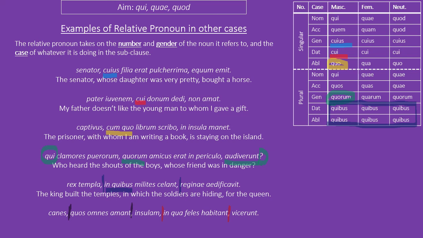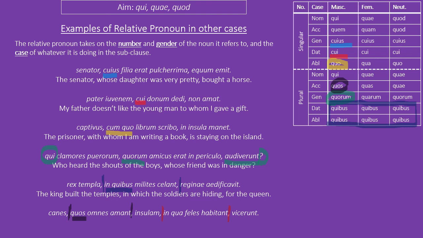After that, all we need to do is start adding in the extra information. So what kind of dogs? Well, the dogs quos. Well, quos we know must be accusative, so we know that it's dogs whom omnes amant, whom everybody loves or likes. What do they do? They conquered the island. What kind of island? It's the island in quae.